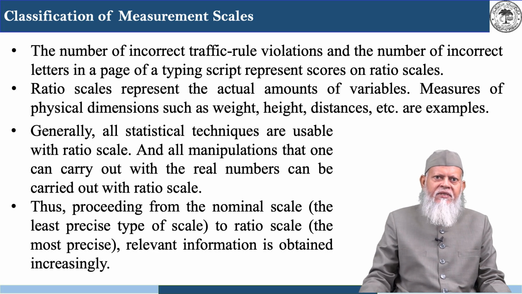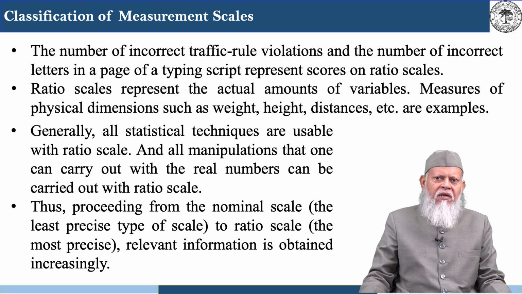So, we have discussed the nominal scale, the ordinal scale, the interval scale, and the ratio scale, and we also observed the increasing level of measuring capacity of these scales. We started with the nominal scale, which was only for identification. Then we went to the ordinal scale, which ranked the choices.